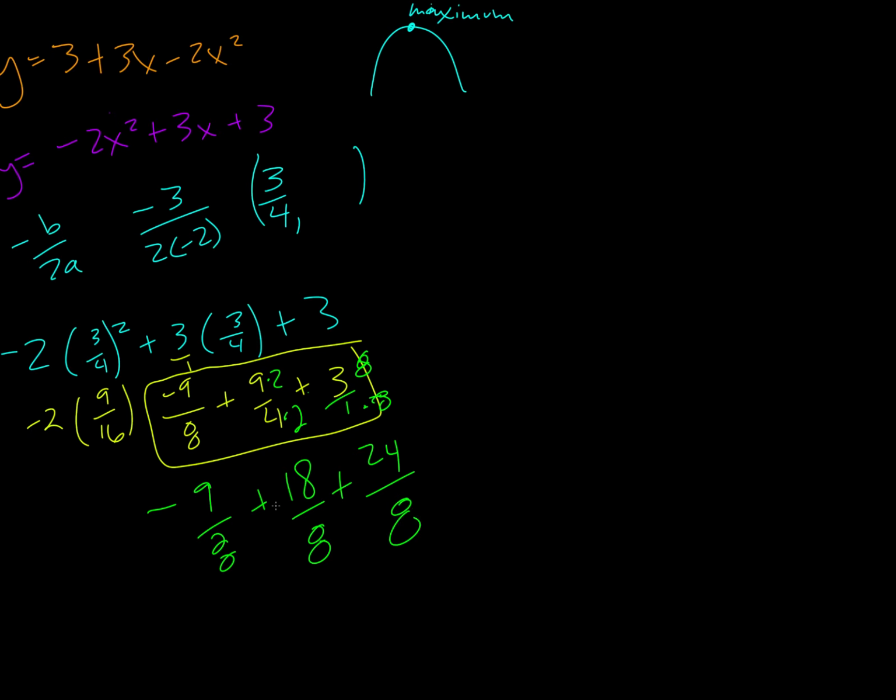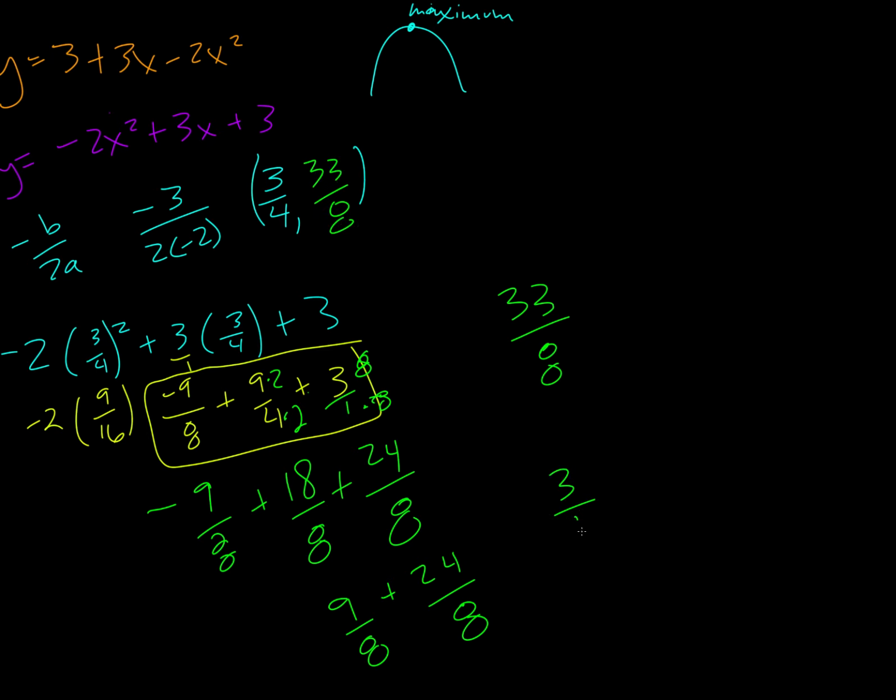Okay, if we combine just these first two, 18 minus 9 would be 9. And then if we add 24 to that, that's 33 over 8. And that's what goes right here.